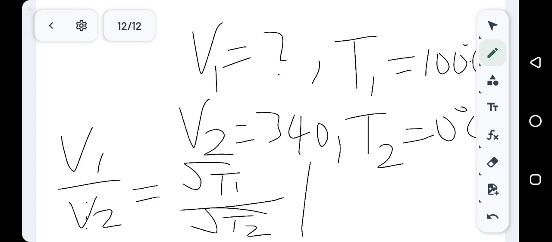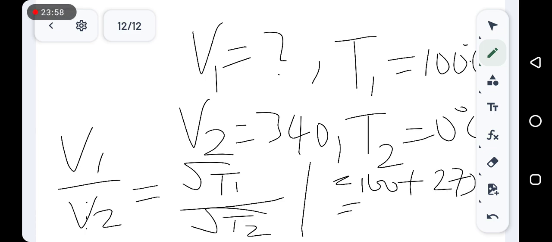If we do that, to convert 100 degrees Celsius to Kelvin, we add 273 to the temperature given in Celsius. So 100 plus 273 will give us 373 Kelvin.